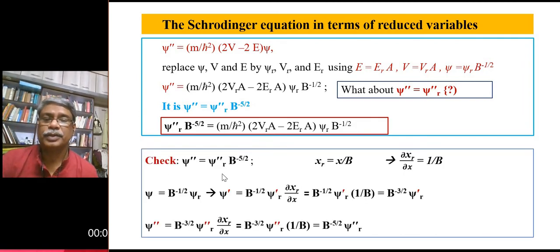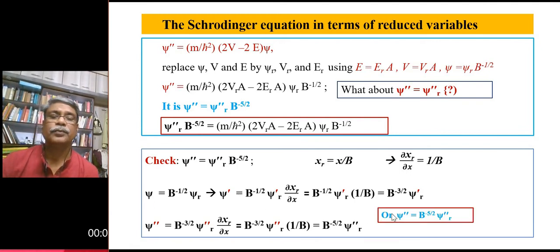So here it is given, and I have explained in the last video that you start from the relation between x_r and x, and you use the derivative, and you just take the double derivative starting from psi, and you can show that this is the final expression for psi double prime. So we have used here in this equation psi r double prime times B to the power minus 2.